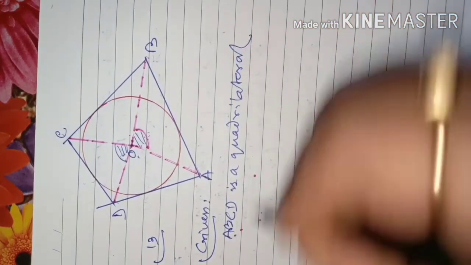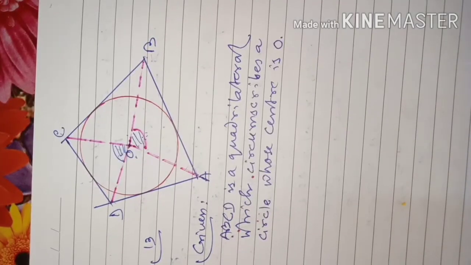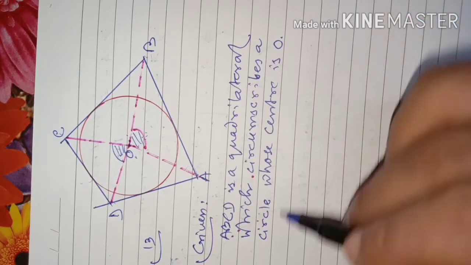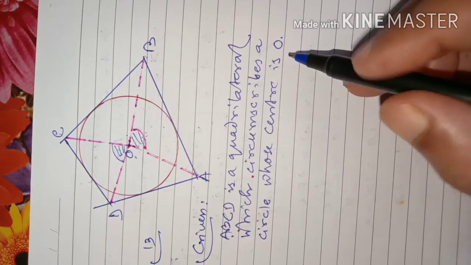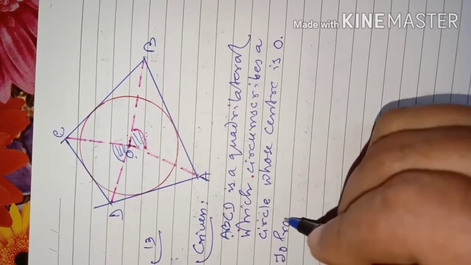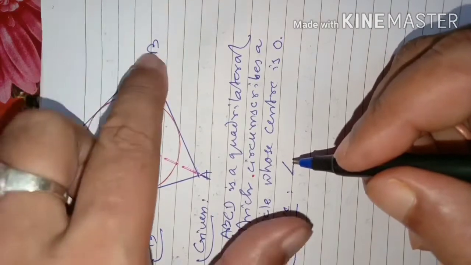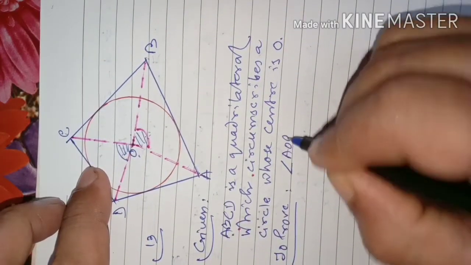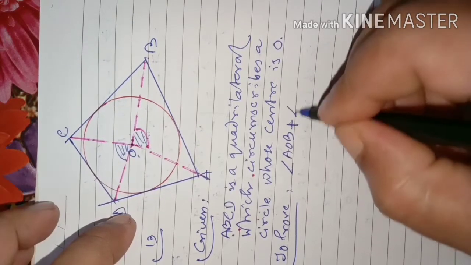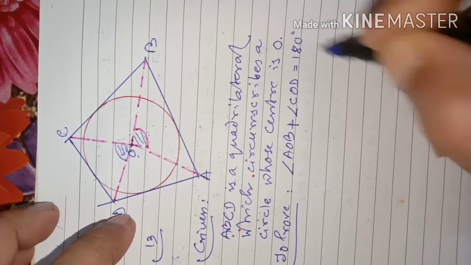ABCD is a quadrilateral which circumscribes a circle whose center is O. So to prove: angle AOB plus angle COD, their sum is 180 degree. We have to show. Proof.